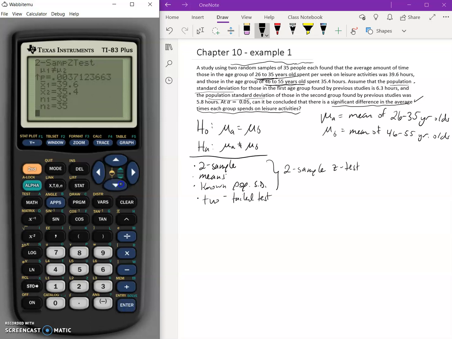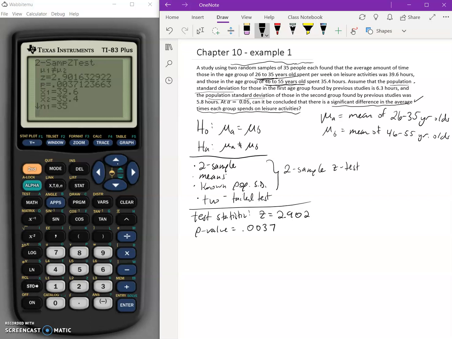And so we can scroll down and see all of our numbers. We can verify those. The important things that we have gathered are our test statistic, z equal to 2.902, and our p-value that we see on the calculator, 0.0037.